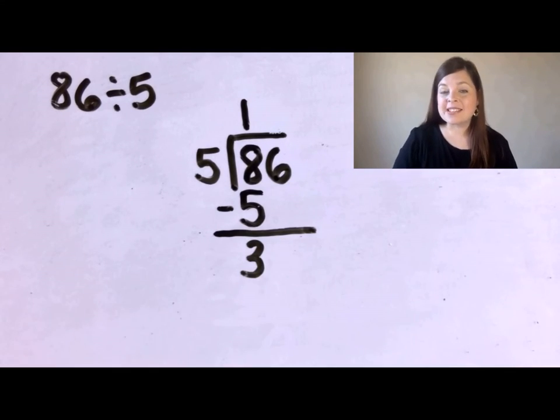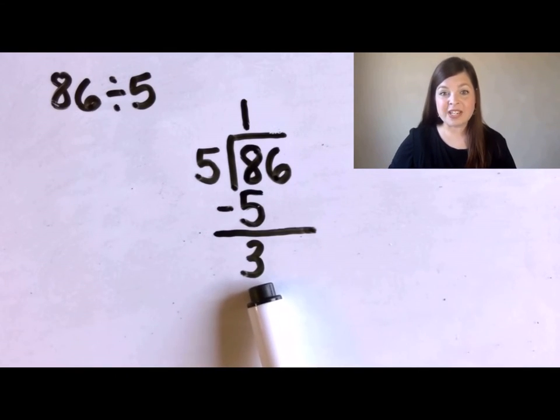Now, what's our next step? Pause the video to explain what we should do next. Well, if we were actually drawing the discs in the place value chart, our next step would be to unbundle these 3 tens, and so we would have to draw 30 ones. That would be a lot of ones to draw.